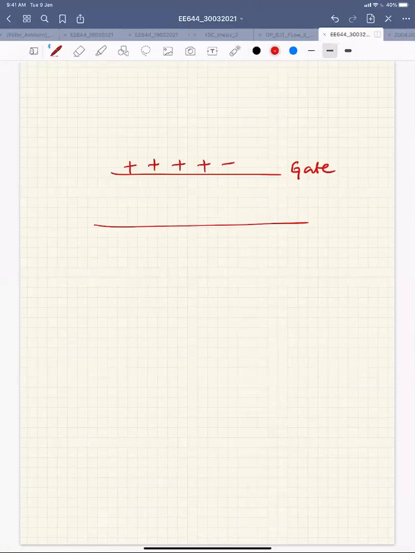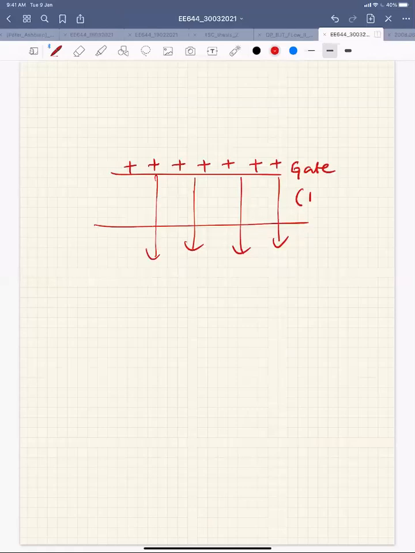If I am applying positive voltage, I am putting some positive charges, so there are electric fluxes coming inside. Let's say this electric flux is D, your displacement vector. We know that this displacement vector is nothing but epsilon times electric field, and this is nothing but the total charge, right?